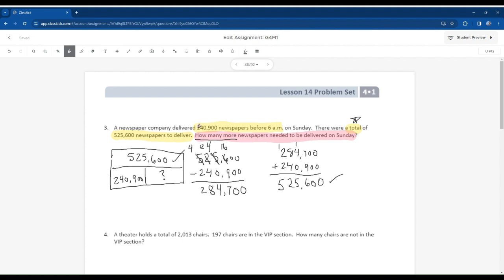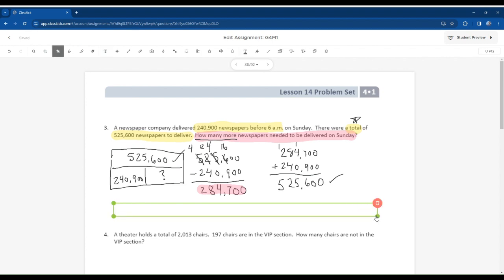So we know that this right here is the correct difference. So to put it in a sentence and answer, we could say 284,700 more newspapers need to be delivered.